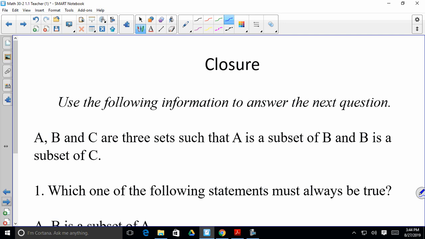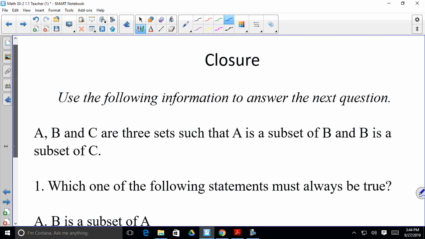Now, here is a diploma question I took off a diploma exam. Use the following information to answer the next question. A, B, and C are three sets such that A is a subset of B and B is a subset of C. Which one of the following statements must always be true?